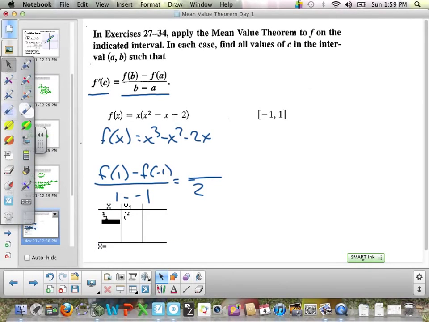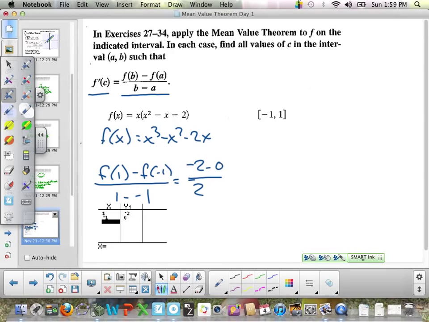So we got -2 minus 0 over 2, so it's -1. So I need to find where the derivative is equal to -1.